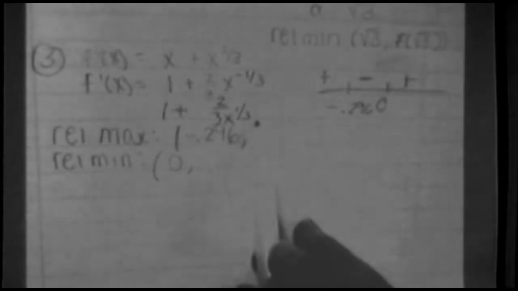Okay, so let's see. 1 plus 2/3 x to the 1/3. If I plug in 1, I get positive. If I plug in negative 0.1, or something in that interval, can somebody do it out for us, please? Do 2 divided by 3 times negative 0.1 to the 1/3 power, and then add 1.